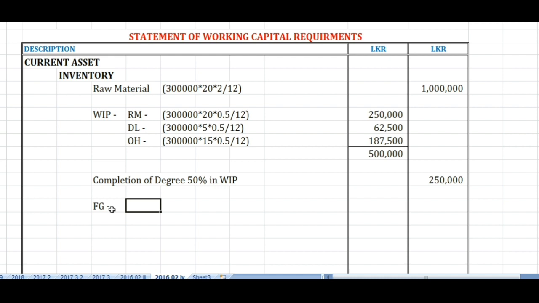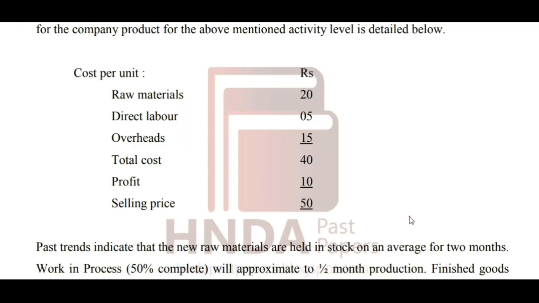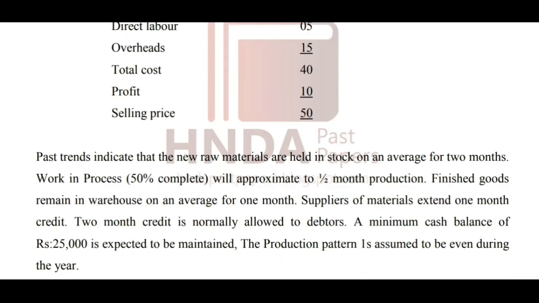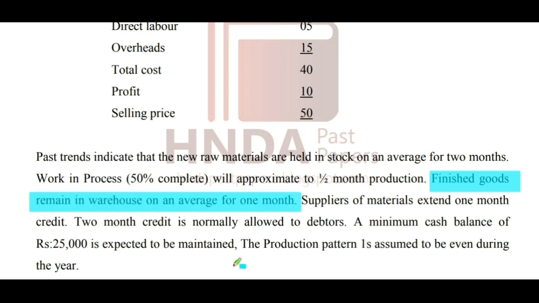Finished goods. Finished goods also have 3 elements: raw material, direct labor and overheads. Activity level 300,000 into 20 rupees raw material per unit into, as per the question, finished goods remain in warehouse on an average for 1 month.